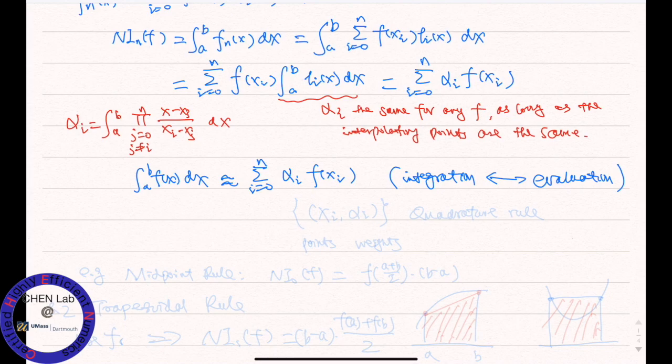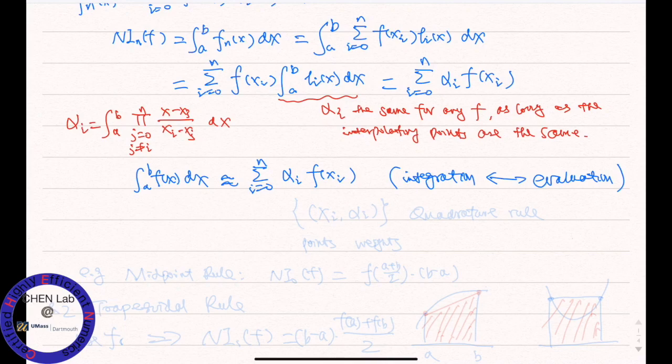If you're smart enough, you need to know where to evaluate. As long as I can figure out where to evaluate, I evaluate at the good points. We're going to talk later. We have points that are better than what we do now. The midpoint maybe, or the endpoints. But you need to know where to evaluate. When you need to integrate, you need to evaluate the function at some points.